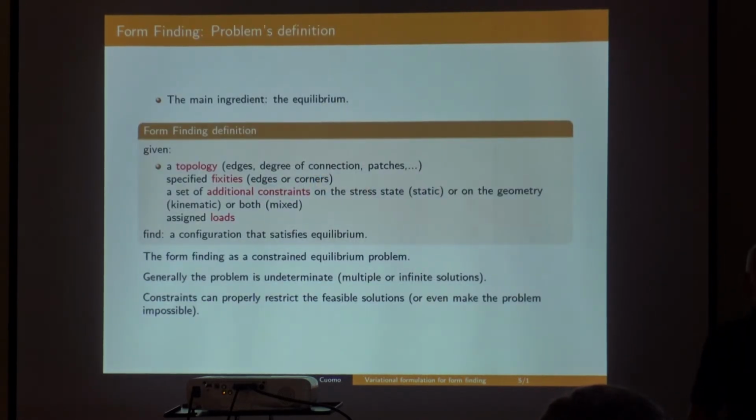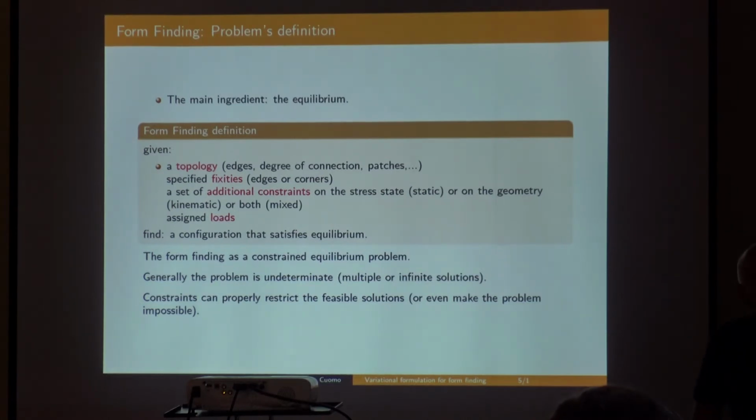How can we define the process of form finding? So what is given? Well, we have some element, some system, and we know the topology of this system. For instance, for a 2D surface, we have the edges, the connectivity, the holes, maybe one hole, two holes, or if we have a net, we have the connection between all the elements, and the points where they join.